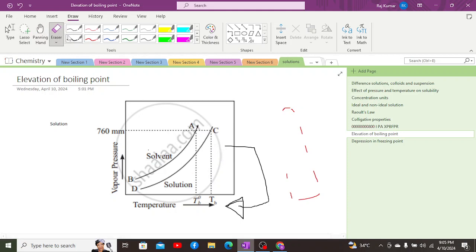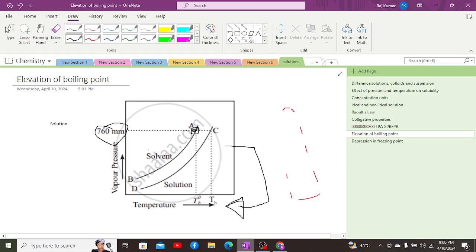As you can see, if we talk about solvent, let's suppose this is a graph where AB represents the curve of solvent and CD represents the curve of solution, and this is a point where the solution or solvent will start boiling, right? So the solvent AB will start boiling when the vapor pressure comes till here.